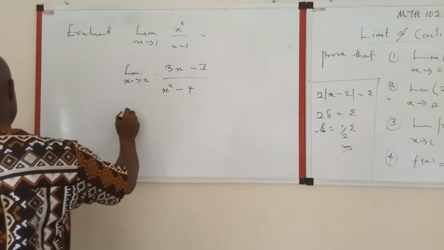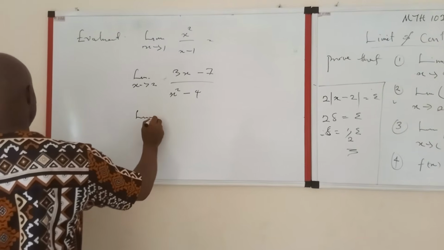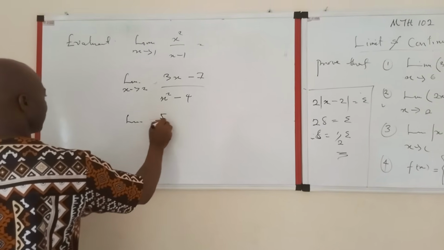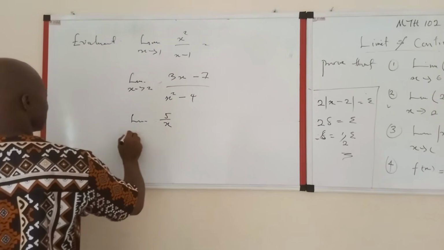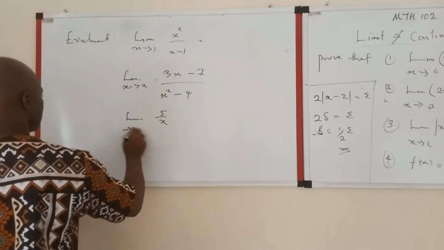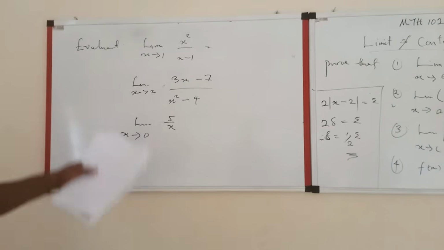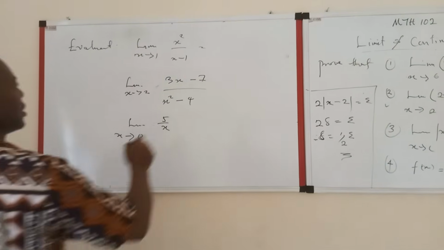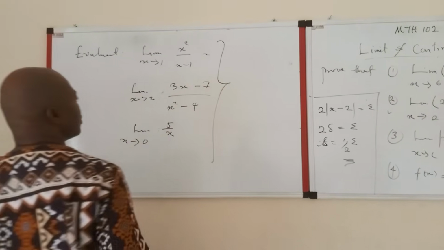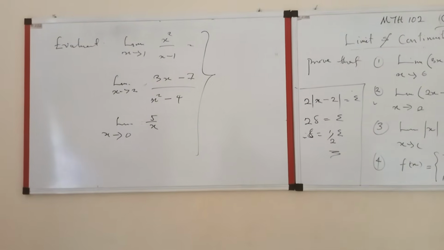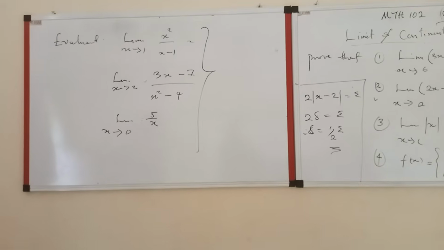Then, lastly, let's also evaluate the limit of the function 5 all over x as x tends to 0. Now, when you consider all these ones, I want you to check it. You see that these ones do not converge.